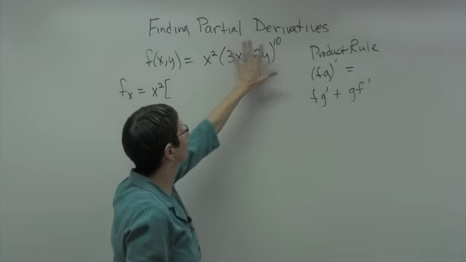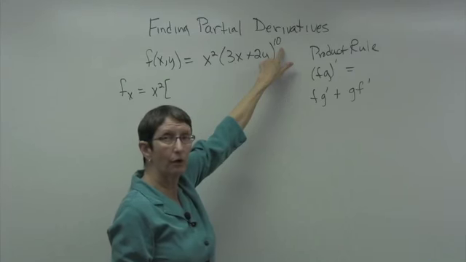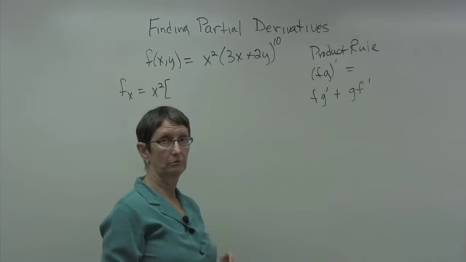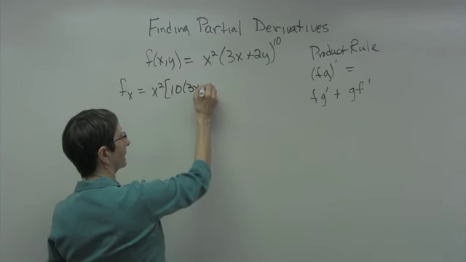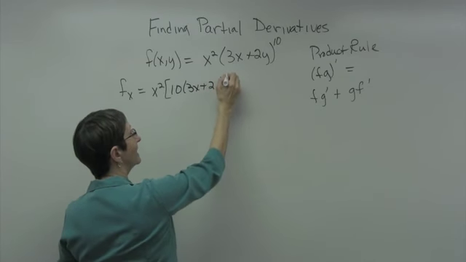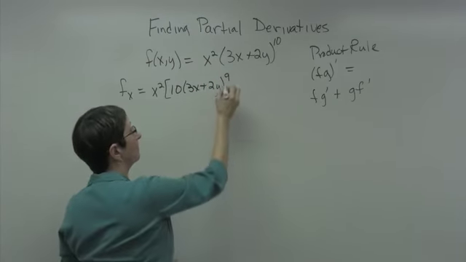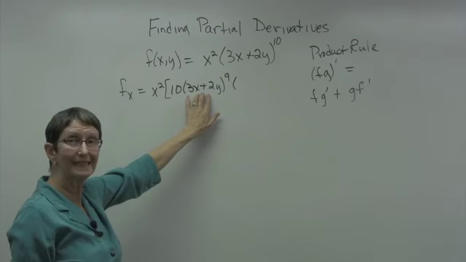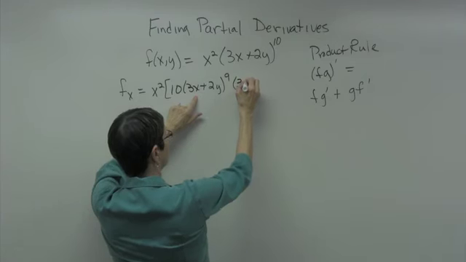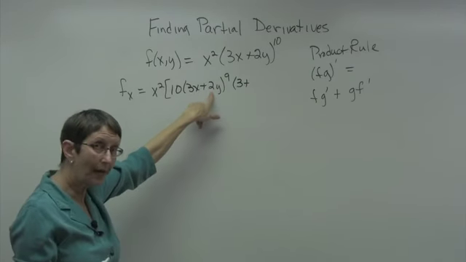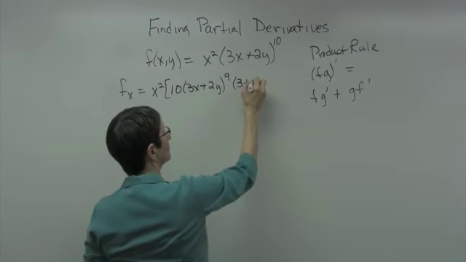There's an x in here. I have to use power rule and chain rule. So the 10 comes around front. (3x plus 2y) now to the 9th times the derivative of what's inside. Variable is x. The derivative of 3x is 3. 2y has no x attached. It's a constant. Derivative is 0.